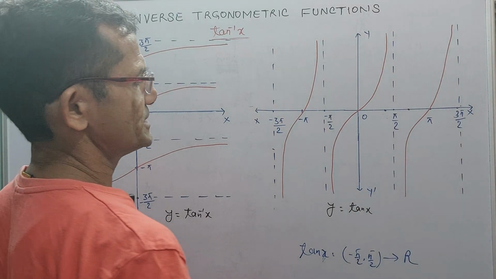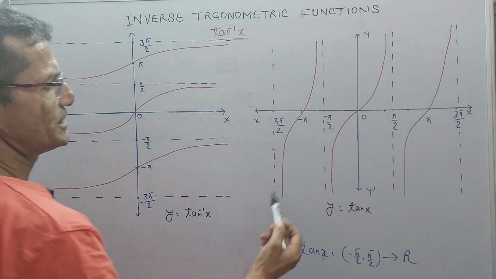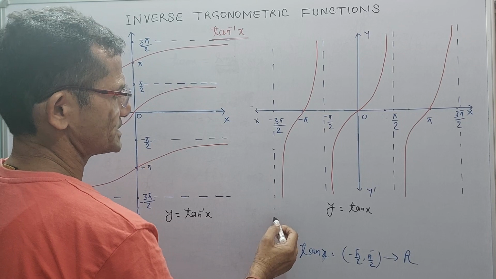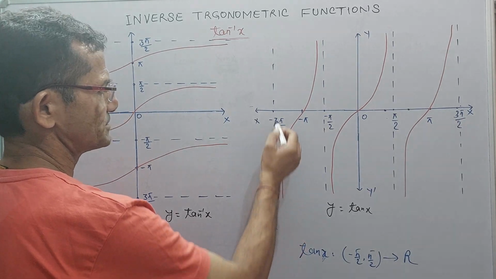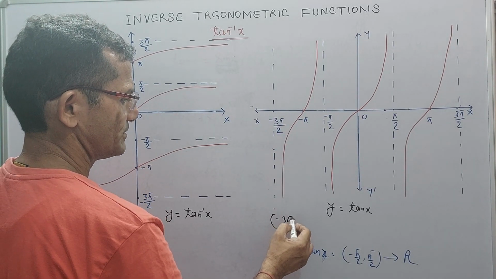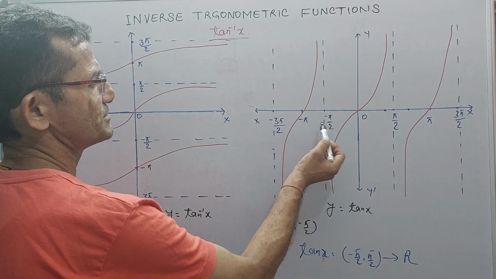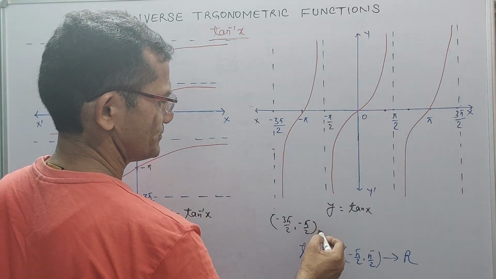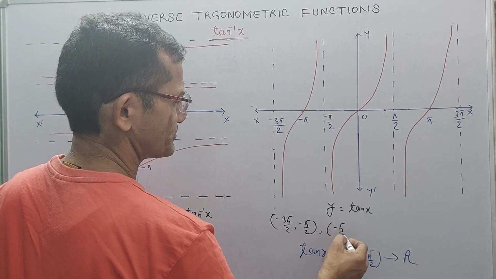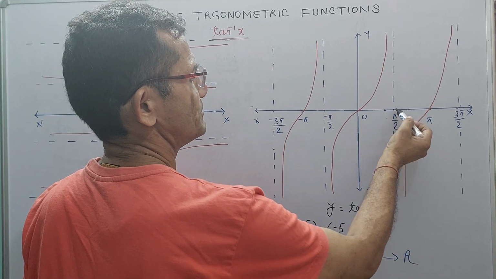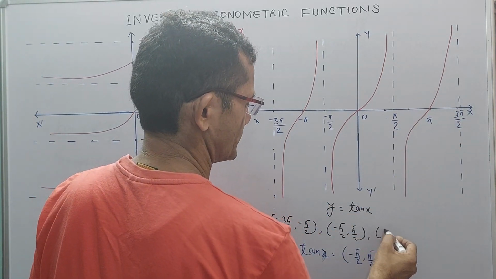We already discussed the intervals: open interval from minus 3 pi by 2 to minus pi by 2, and the next interval is minus pi by 2 to pi by 2, and the next interval is from pi by 2 to 3 pi by 2, and so on.